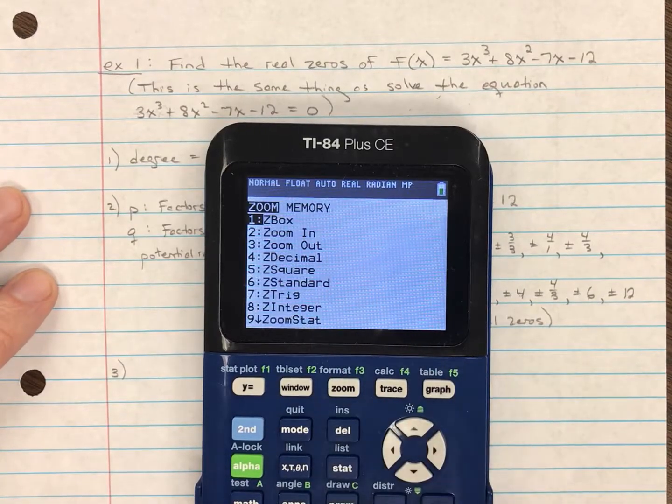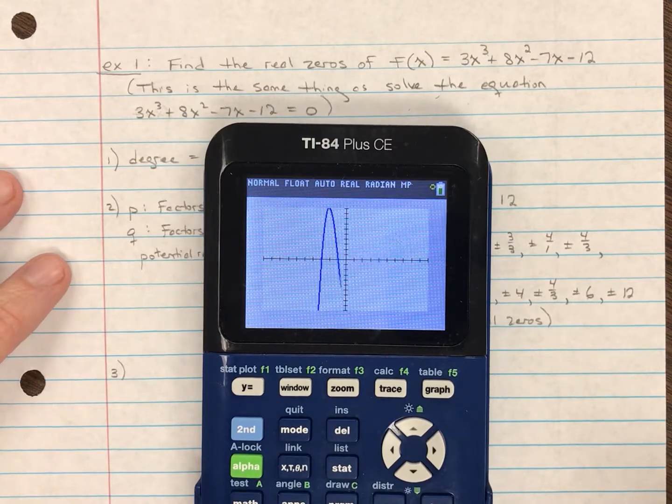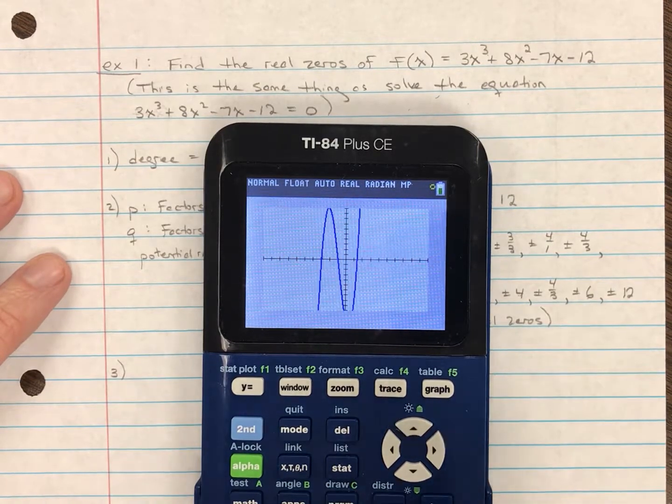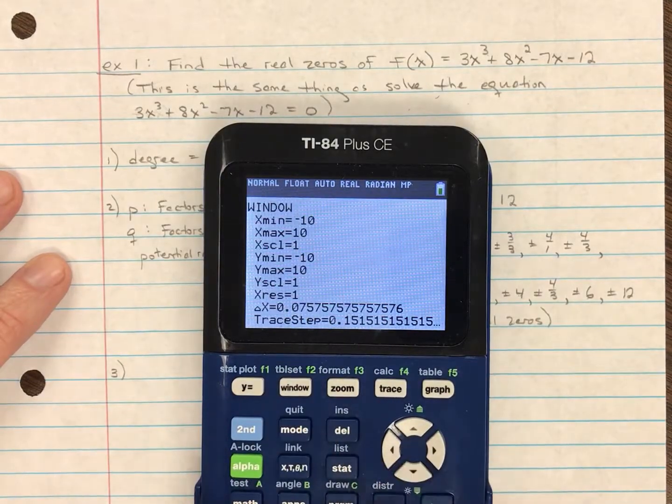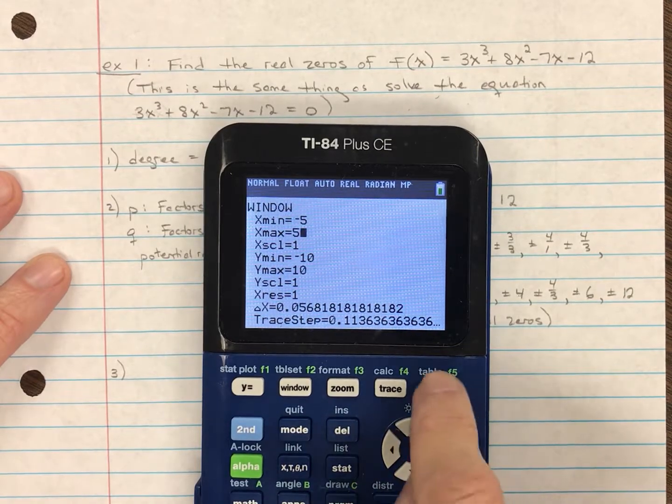I'm just going to go to my standard window in case it's different, and I'm going to take a look at what's going on. So there's my function. Looks like I can zoom in on the x-axis a little bit. Window, let's go from negative 5 to 5. Let's come in a little bit on the x-axis.